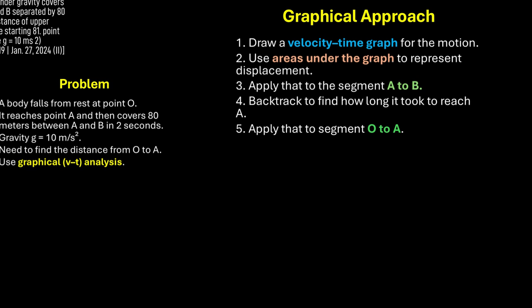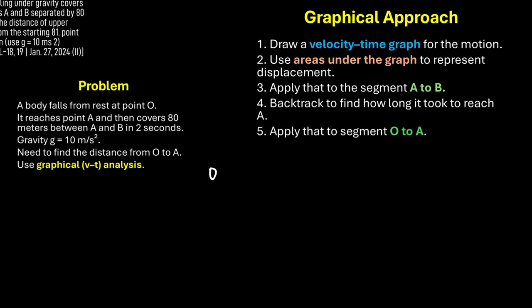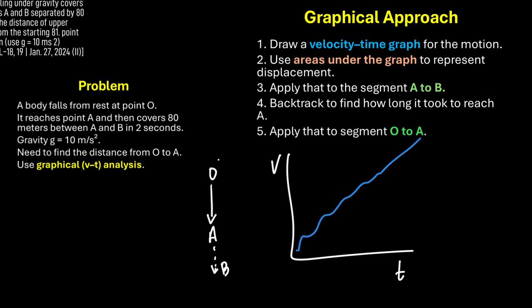We will first apply this velocity time graph to the segment of motion from A to B. Then we'll backtrack it and then we'll apply that to O to A. So the body is dropped from O, it reaches A, then it travels up to B. We will first draw the velocity time graph, then we'll find the actual curve.